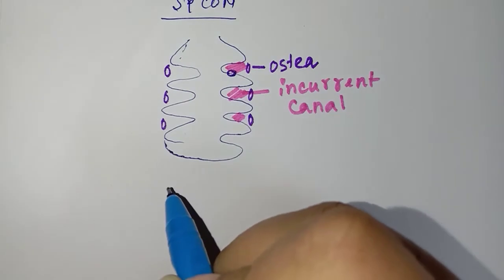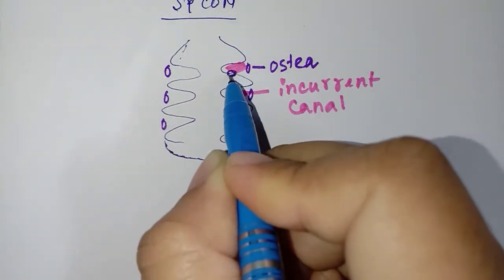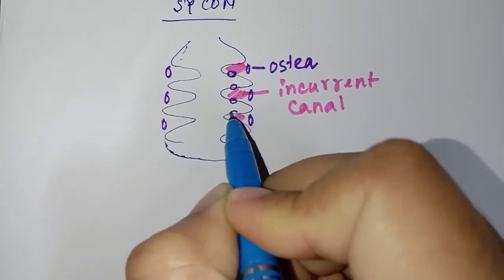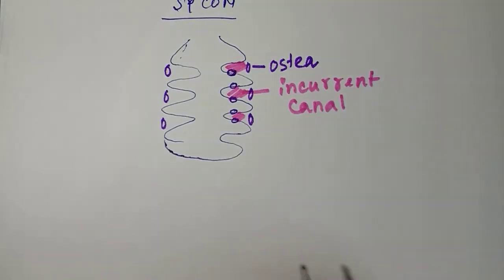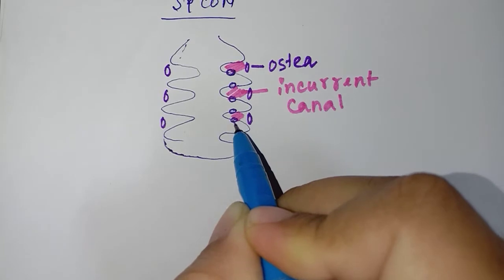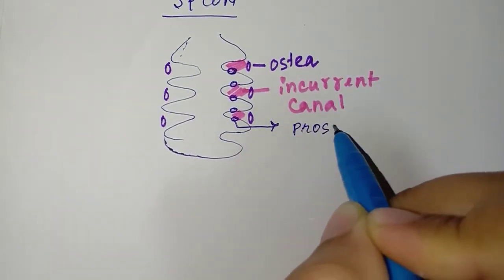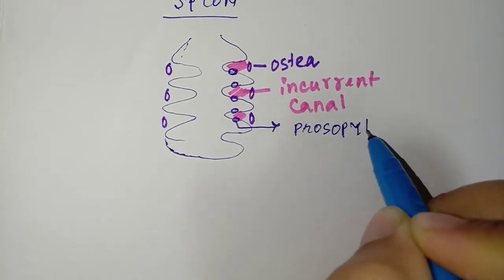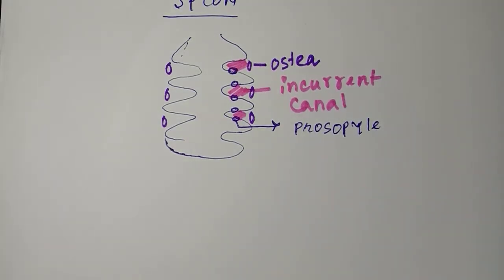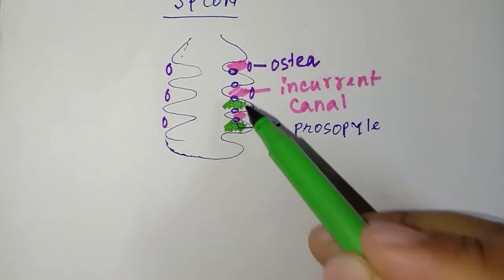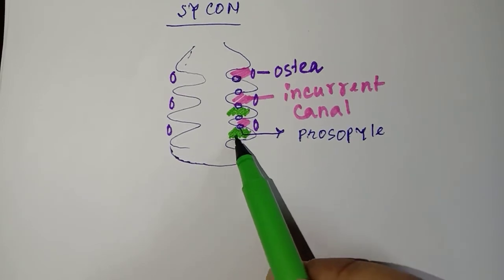Now through another opening, another pore, water will enter into another canal. What is that pore? This pore is known as the prosopyle. So with the help of this prosopyle, the water will enter into another canal. What is that canal?